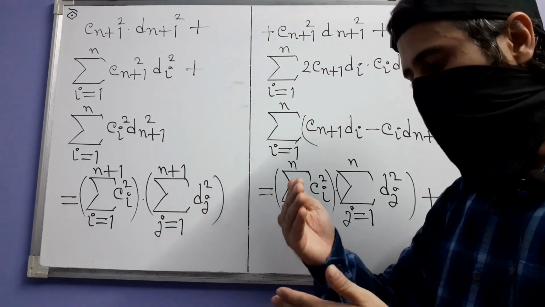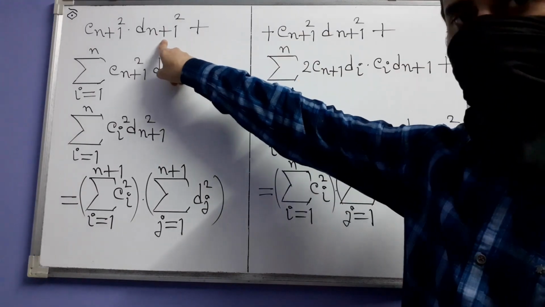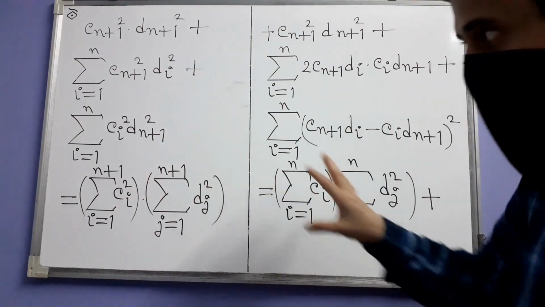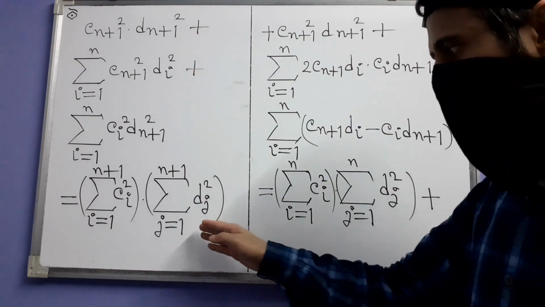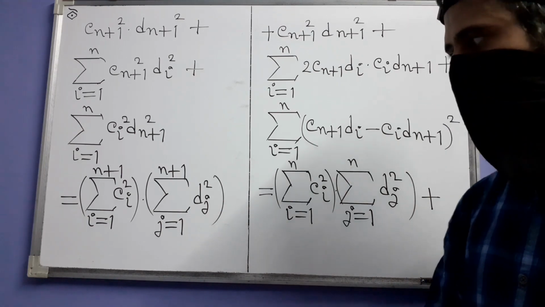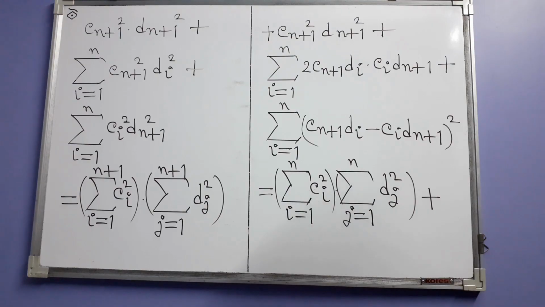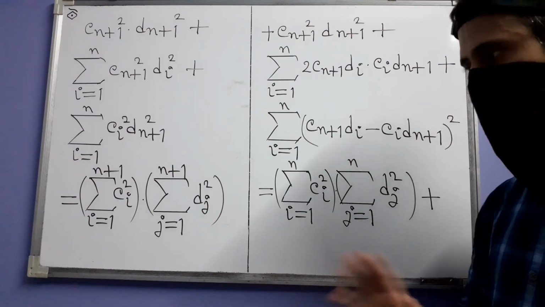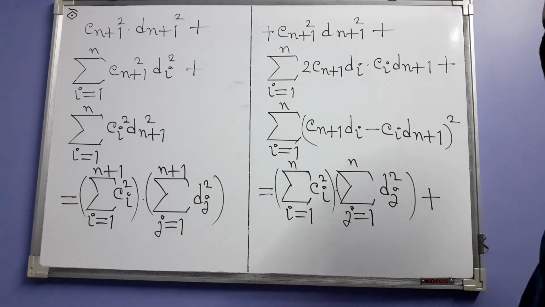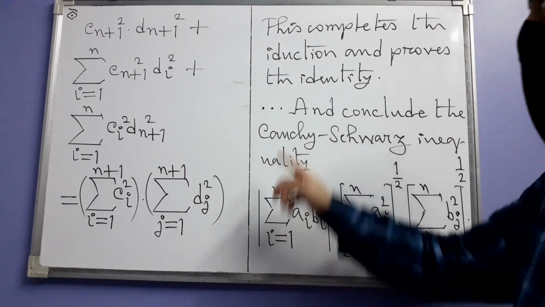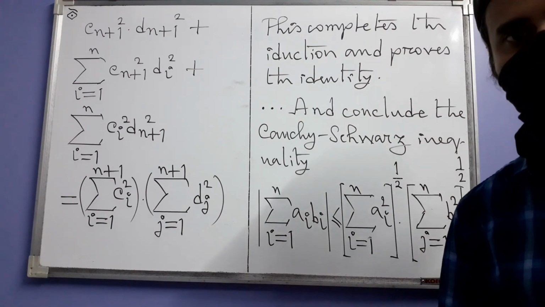You are also going to multiply c_{n+1} squared and d_{n+1} squared, that is here. Okay, so this really is the previous thing. So that's how you have got what you wanted to get, that is your right hand side of the identity where you have n plus 1 now in place of n. So this completes the induction. So let's write these things. Okay, so all of this completes the induction and proves our identity.